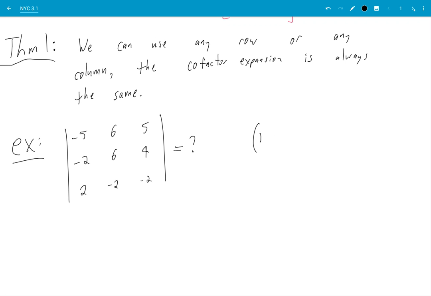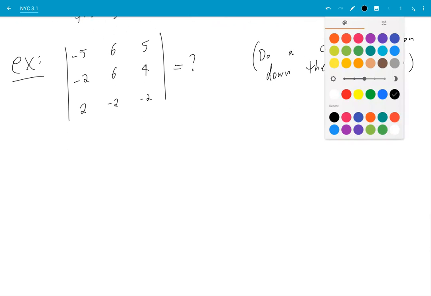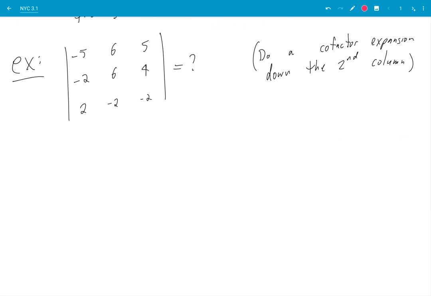Let's do a cofactor expansion down the second column. So I'm going to use the second column in the same way I was using the first row.